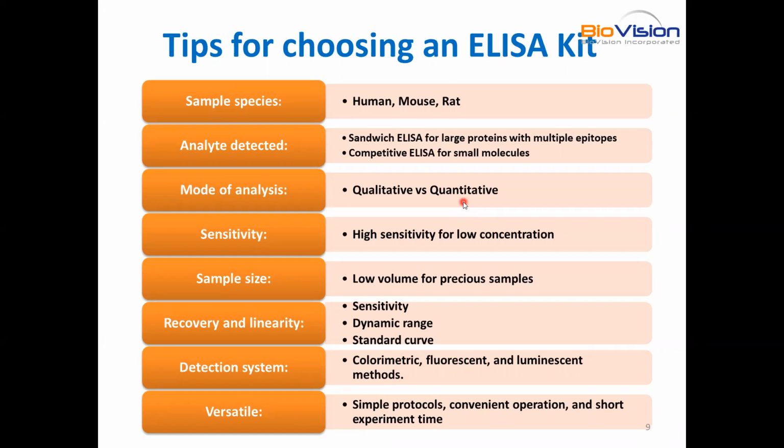While the quantitative ELISA can quantify the concentration of the analyte or target protein in the sample by comparing it with the standard curve. So if the end users only want to know whether the analyte or the target protein is present in the sample, and they do not want to quantify it, they can go for qualitative ELISA. However, if they want to know the exact concentration of their target protein in the sample, they should opt for quantitative ELISA.